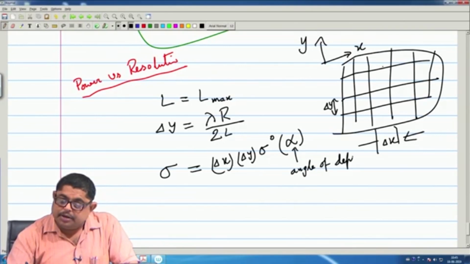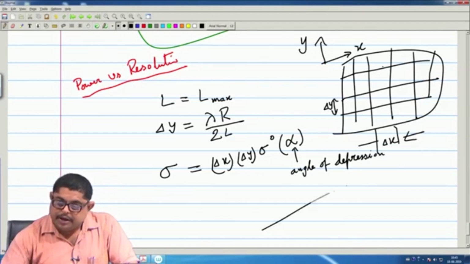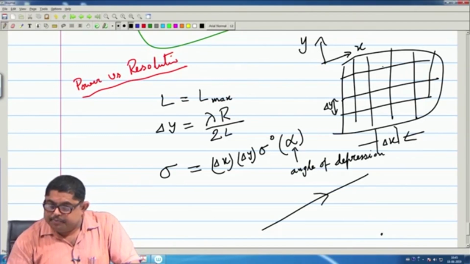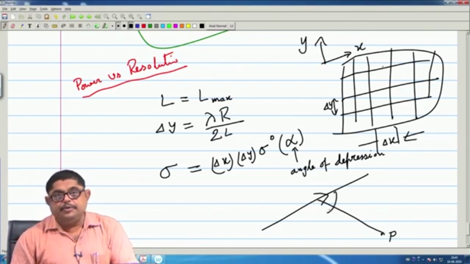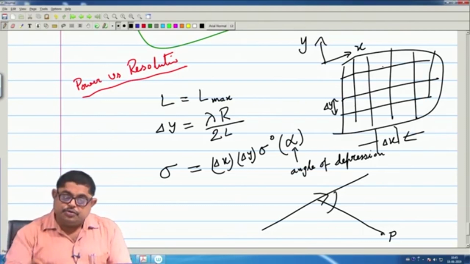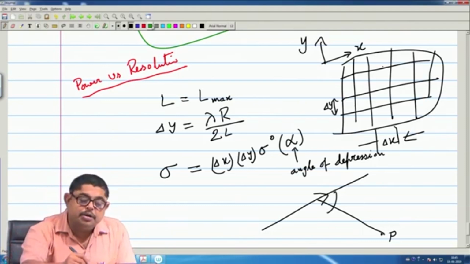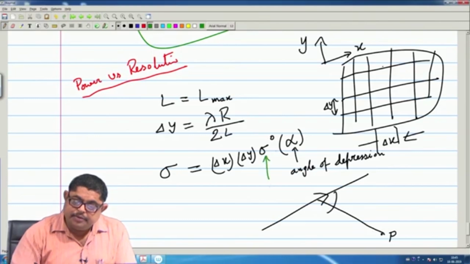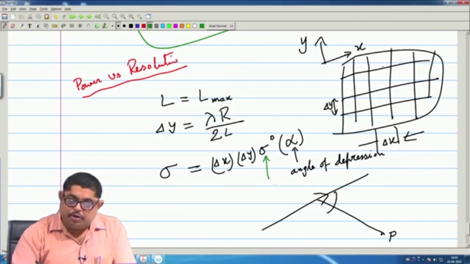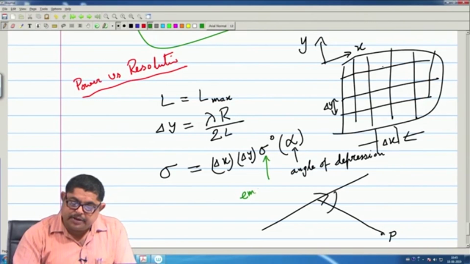That means, the way the radar is looking at the ground, the radar is flying like this and point P is here. So, it is looking at the angle of depression. So, something like squint angle. So, this term is this sigma naught, this is called emissivity.